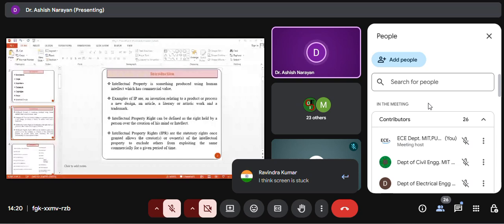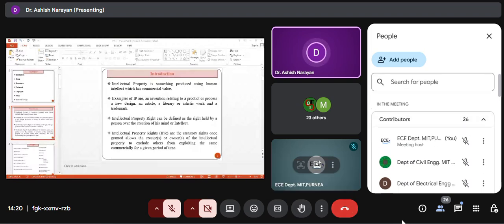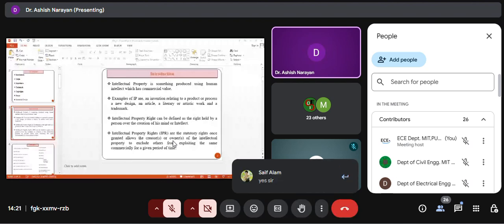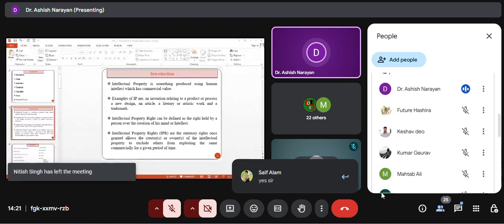A method of agriculture and horticulture, any method of treatment of human beings or animals, plant and animal in a whole or any part thereof other than microorganism, a mathematical or business method or a computer program. कंप्यूटर प्रोग्राम को आप पेटेंट नहीं कर सकते हो.